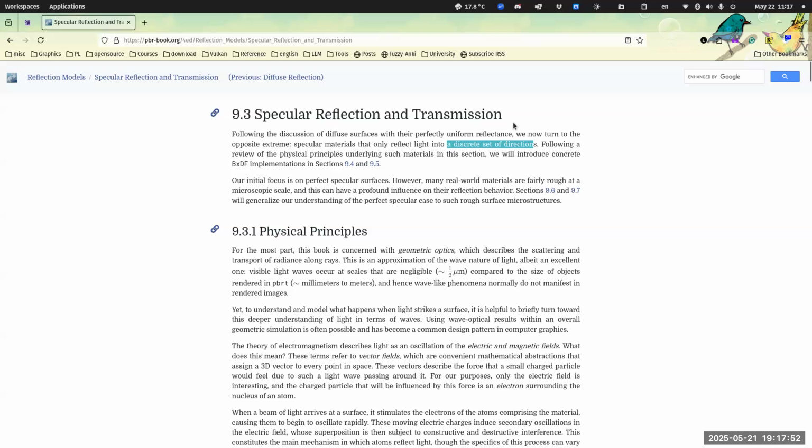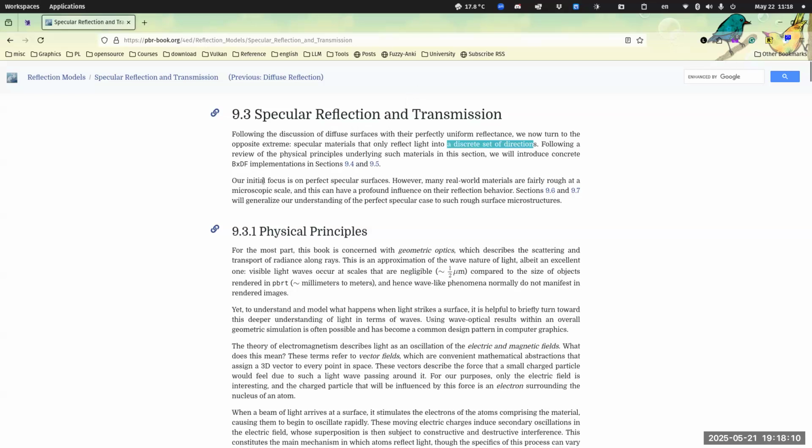So first a review of the physical principles underlying such materials, and we will introduce concrete BxDFs in 9.4 and 9.5. Okay, so next time.